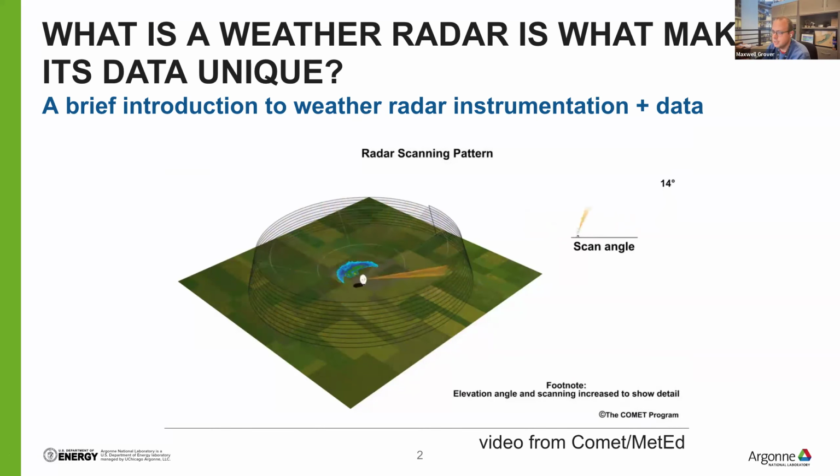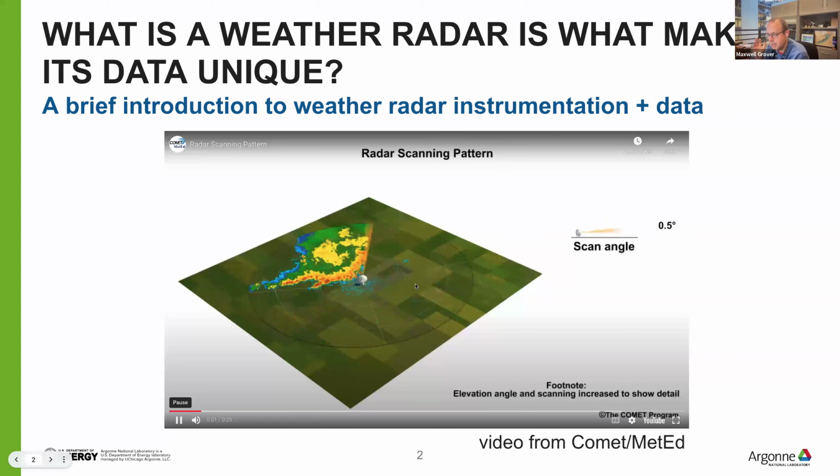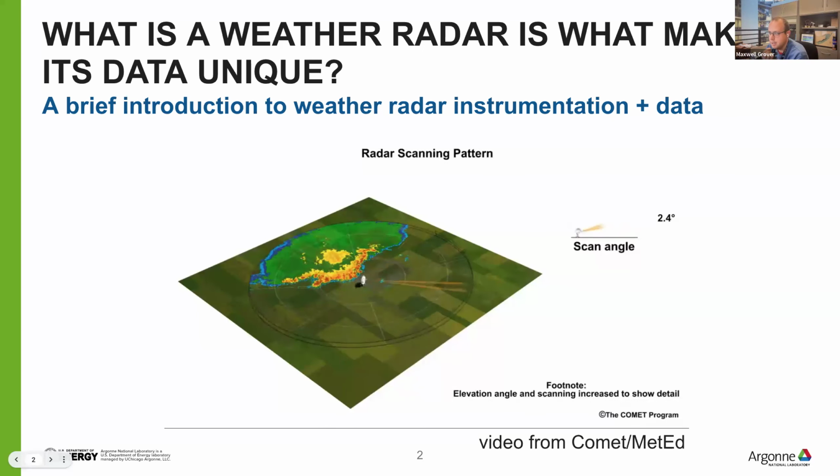You can see the radar scanning here. This was originally developed during World War II, where you emit microwaves and it measures the scatterers that come back. It goes through these different elevations, which is basically how high the radar is tilted.